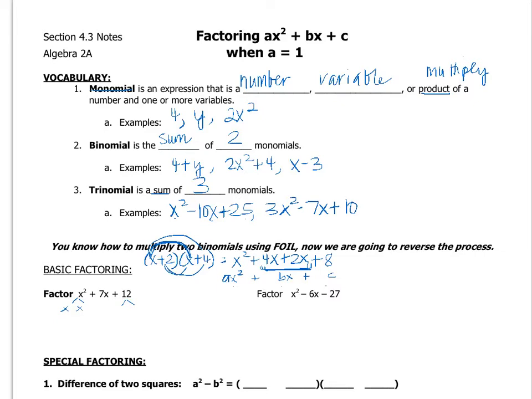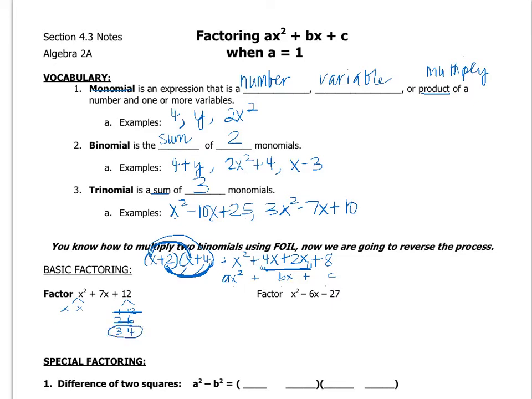Then we're going to look at our last to see, is it possible that factors of the last number c add up to the middle number b. So I look at 12. I could have 1 and 12, or 2 and 6, or 3 and 4. And as I look at these combinations, I say, can 1 plus 12 equal 7? Well, the answer is no, so I cross it off. Can 2 plus 6 equal 7? No, so I cross it off. Can 3 plus 4 equal 7?